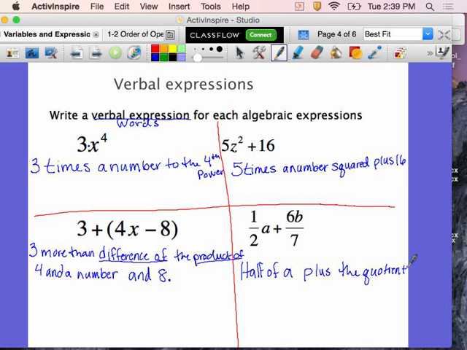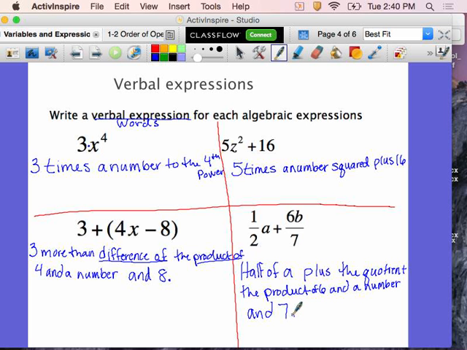And now you have to write the 6b divided by 7. So that's a product up there. So the quotient of the product of 6 and a number and 7. I keep forgetting my ofs.